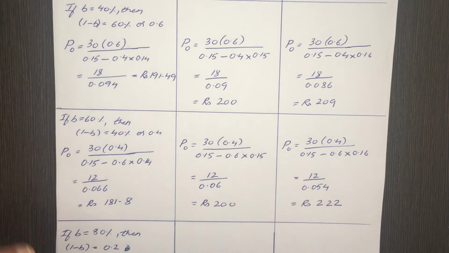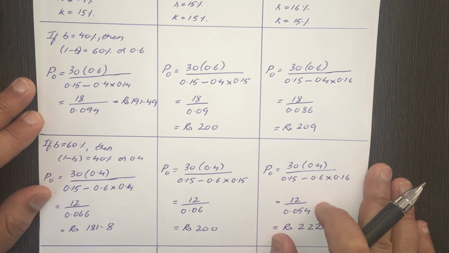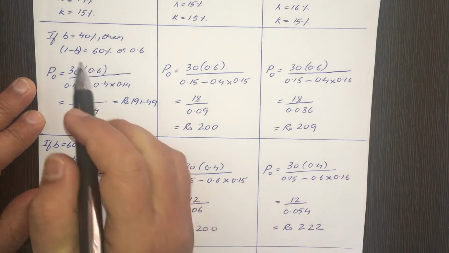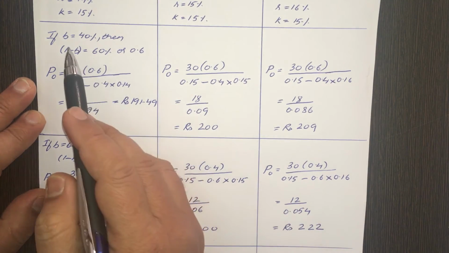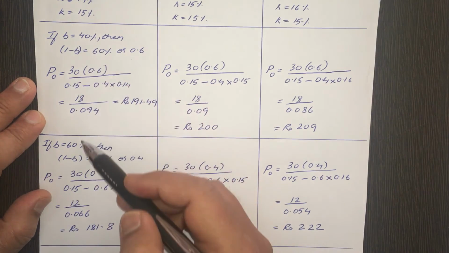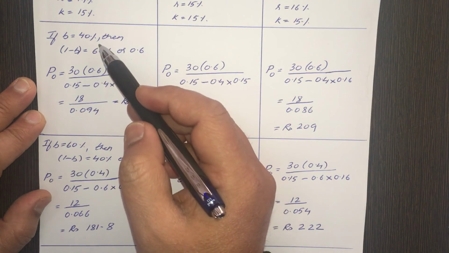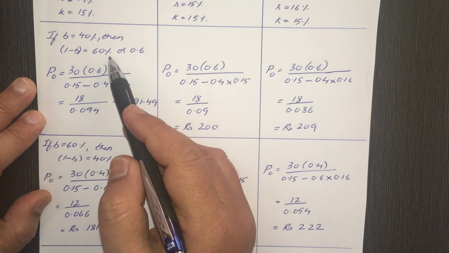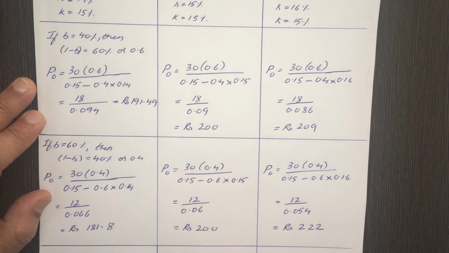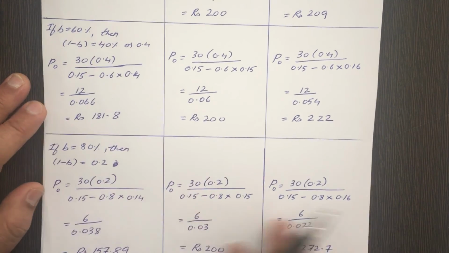Now if you look here, as the fraction of retained earnings increases, in other words, as the dividend payout ratio decreases from 60% to 40% to 20%, all right, because 1 minus B is the dividend payout ratio.